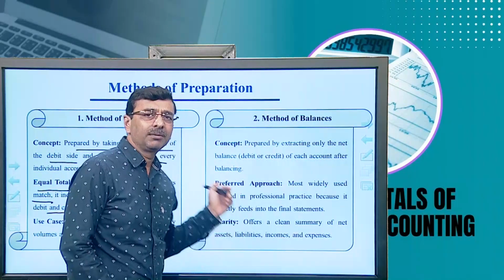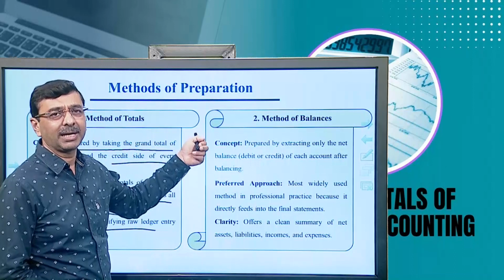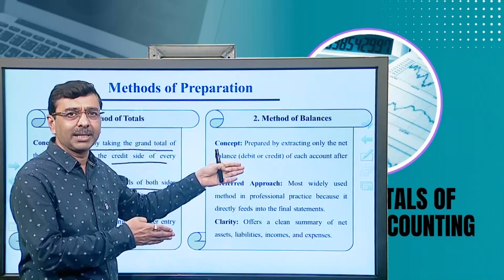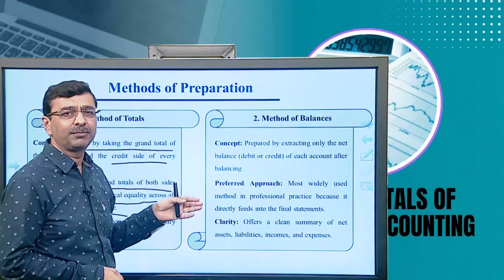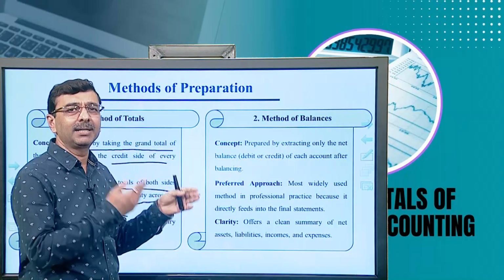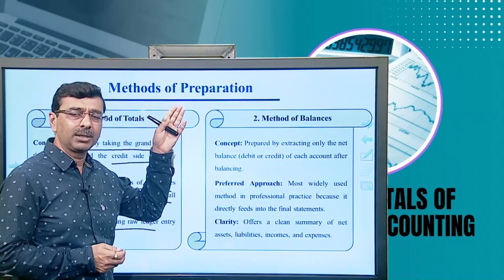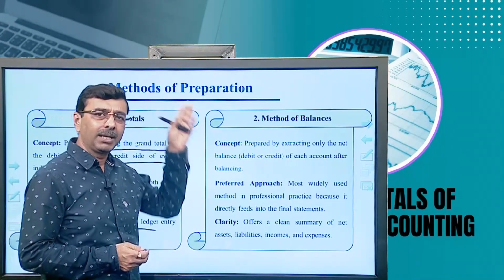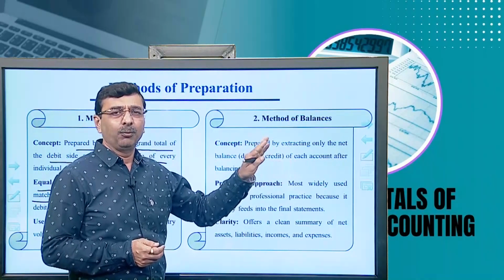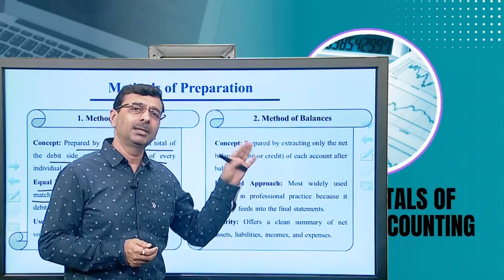instead of writing both side balances into the trial balance, we will close the ledger account and find out the balance of each account, and which side its balance shows. So, we have to close this account in the ledger book itself, making a total of the debit side and credit side. Wherever there is a surplus, on the other side the balance carried forward has to be written.